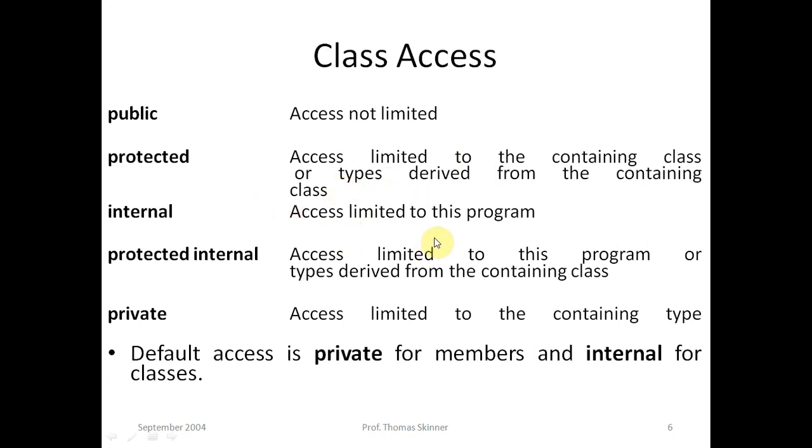Internal access specifier is limited to the program, meaning internal is used inside the whole assembly. Protected internal is limited to the program or types derived from the containing class, meaning it is used inside the whole assembly as well as in the derived class. And private is limited to the containing type, meaning a private variable is only used inside the same class where it is defined, and not outside the class.